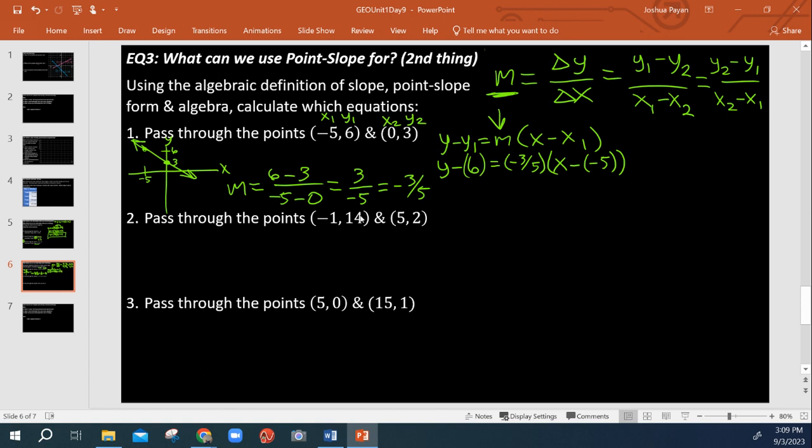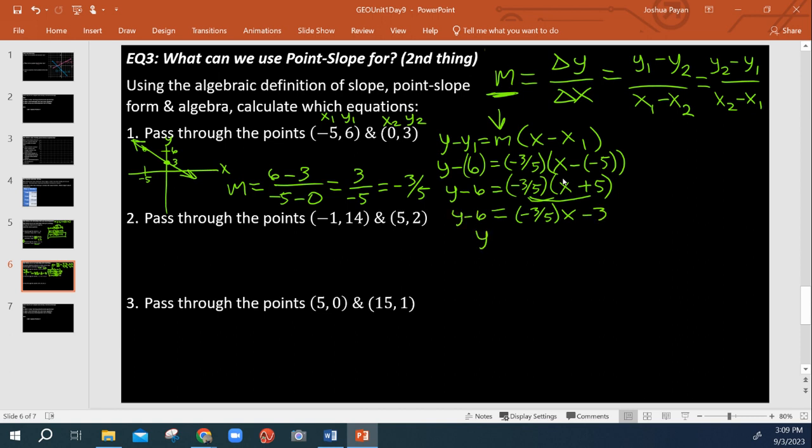Okay, so take care of any double negatives or any unnecessary parentheses. So y minus 6 is just y minus 6. I'm going to go ahead and just leave the slope in parentheses. We know this is going to become a +5 because of the double negative that we see there. Okay, now it's just a matter of distribution. So -3/5 times x, -3/5 x, -3/5 times 5 is just going to be -3.